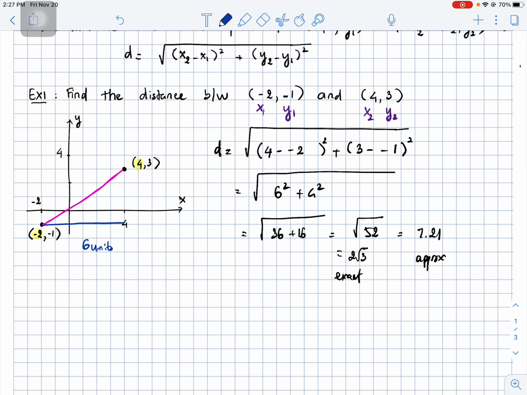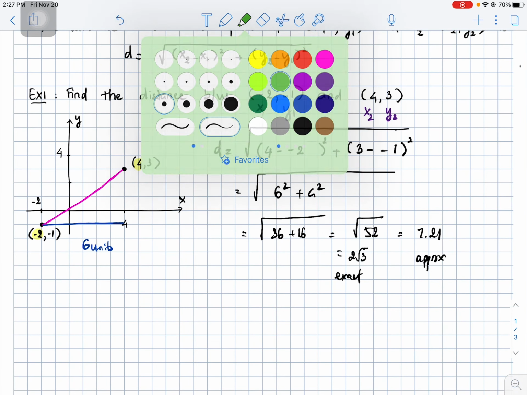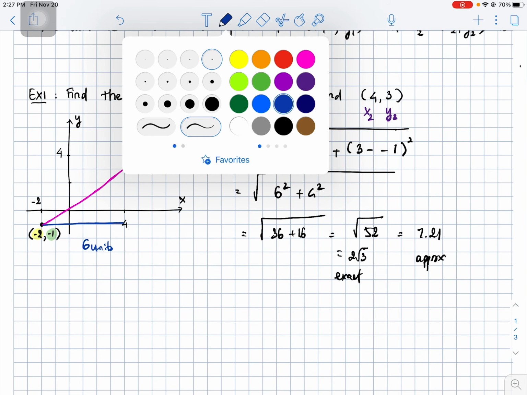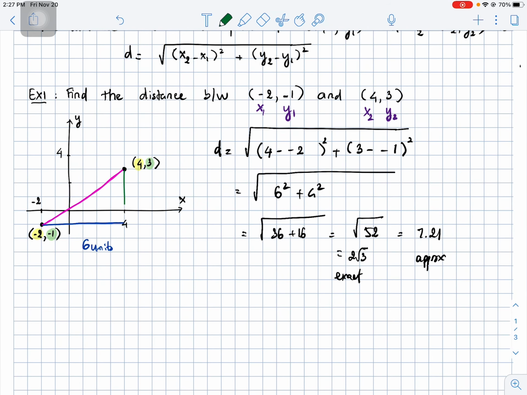And now let's look at y1 and y2, -1 and 3. From -1 to 3, the distance is 4 units. So we use the Pythagorean Theorem.